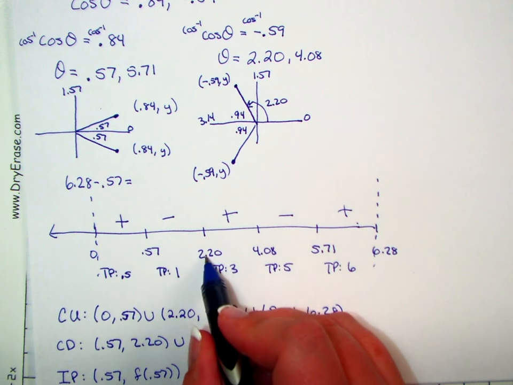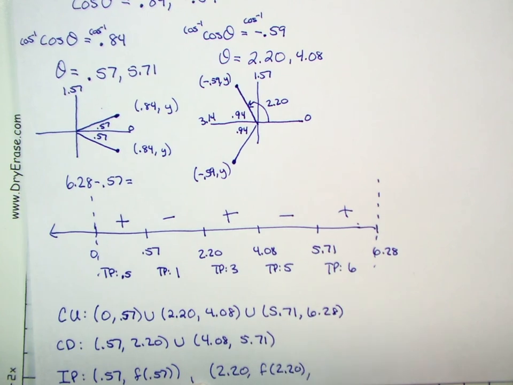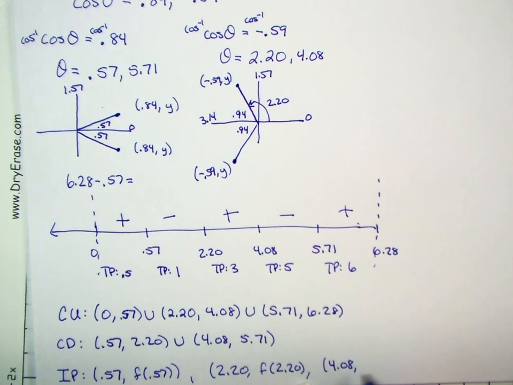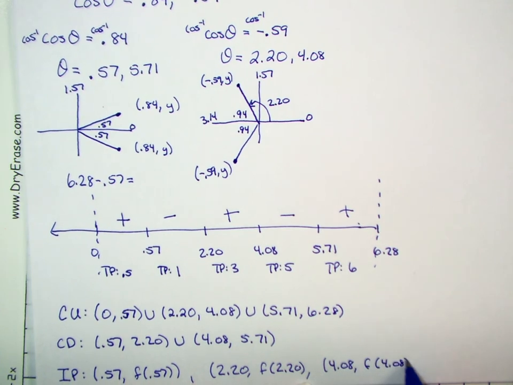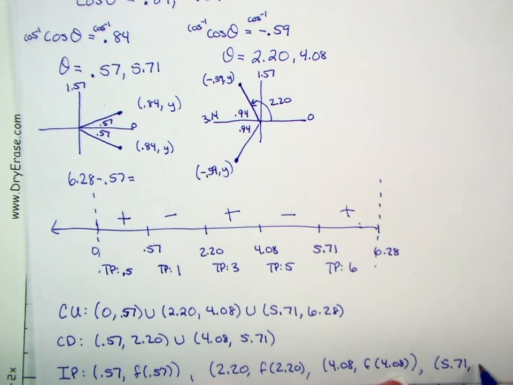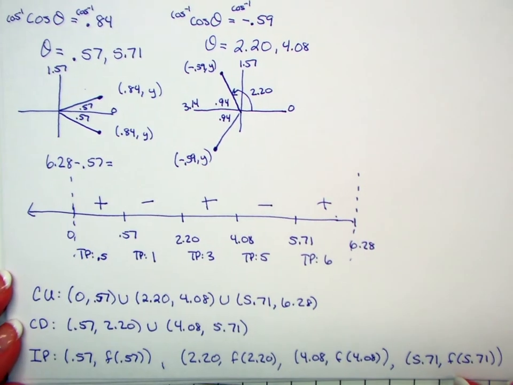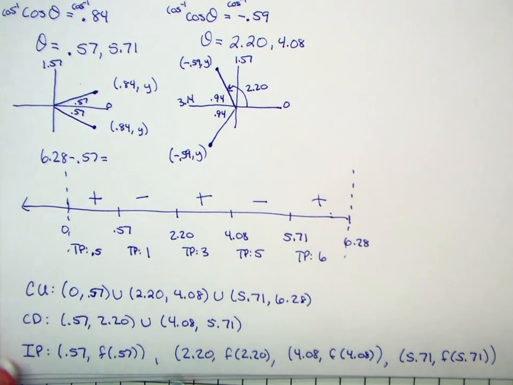Another inflection point at 2.20, f of 2.20, 4.08, and 5.71. Those are all my critical numbers. If you have to find the y value, just plug them into your function and round it correctly.